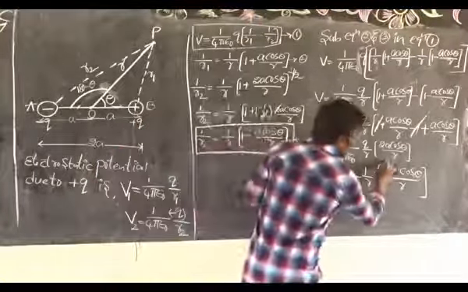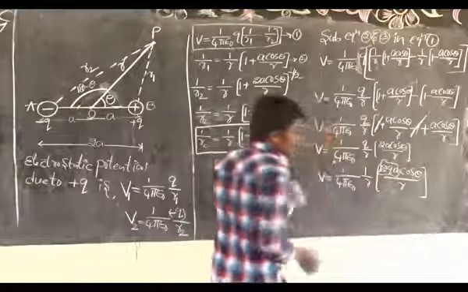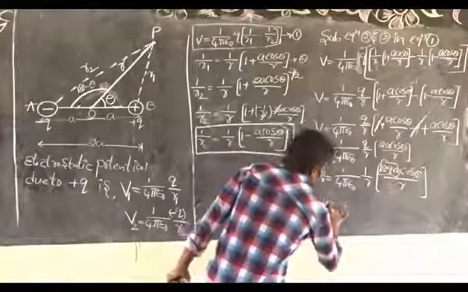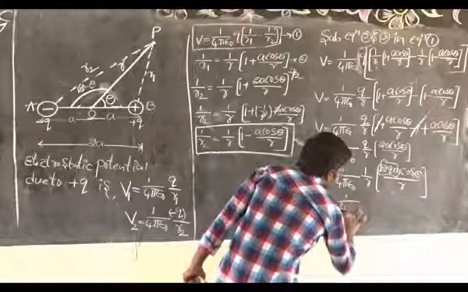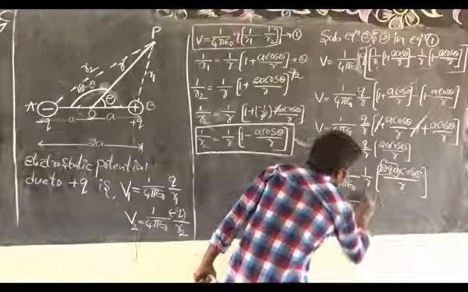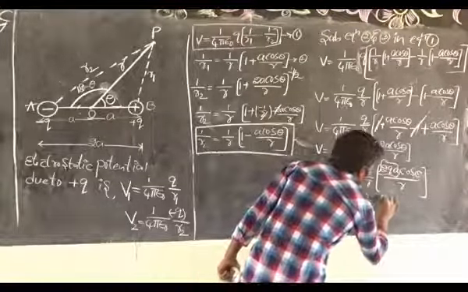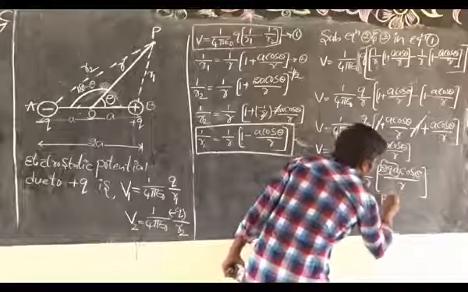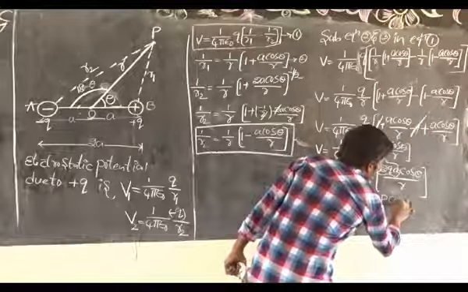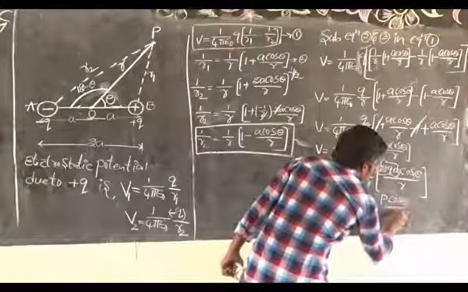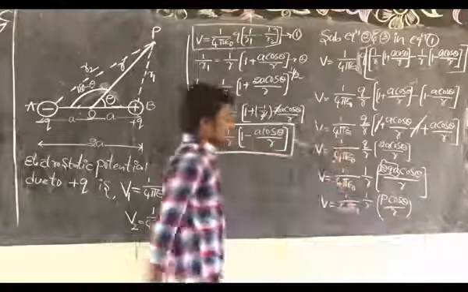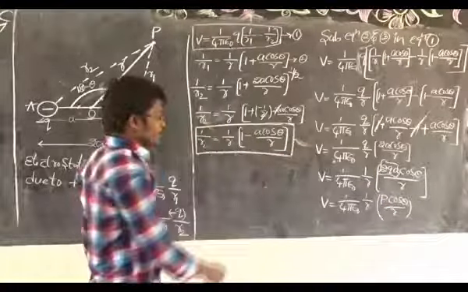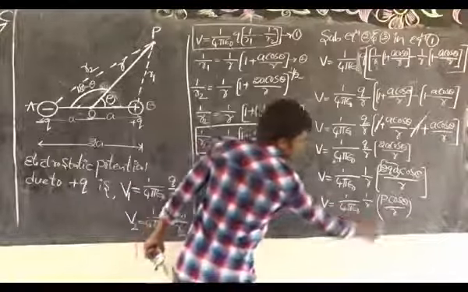So in the place of 2qa we can write P. V is equal to 1 by 4 pi epsilon naught into 1 by r into P cos theta by r. And finally, you can multiply this 1 by r inside.